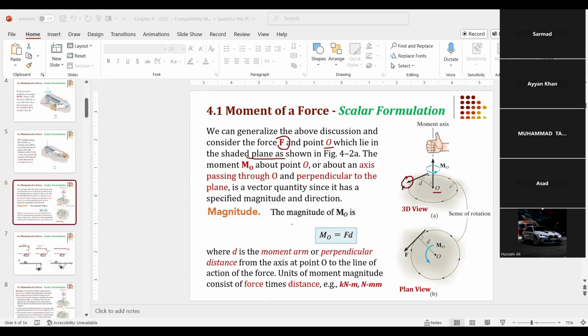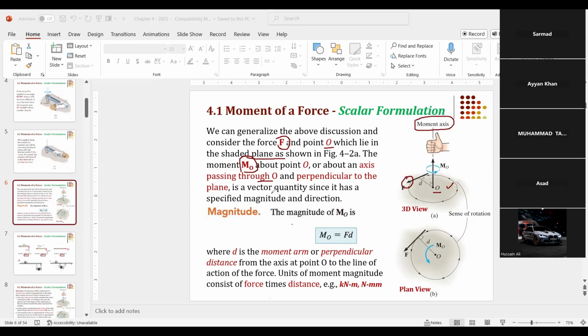You see, this is the shaded plane. Okay, the moment MO about point O, or about an axis passing through O and perpendicular to the plane. We call it MO, but actually it's about the axis passing through O. But that's okay, we can call it MO.